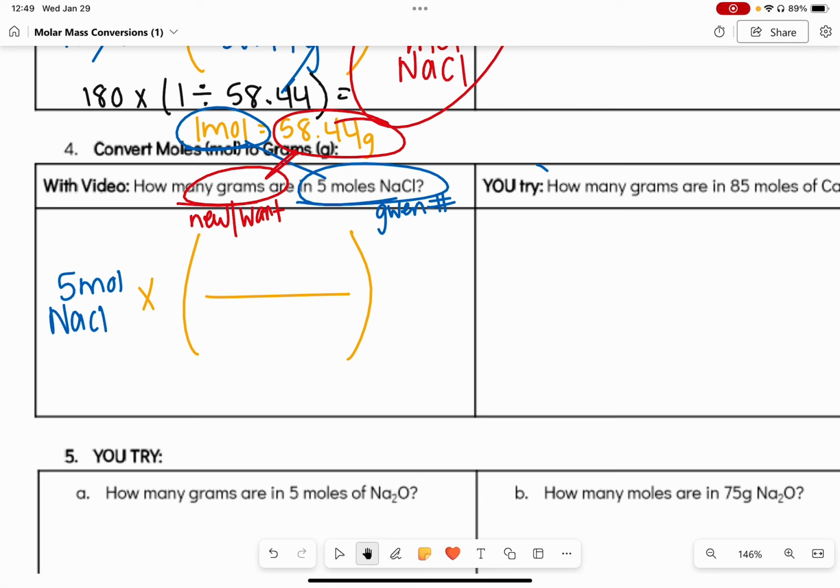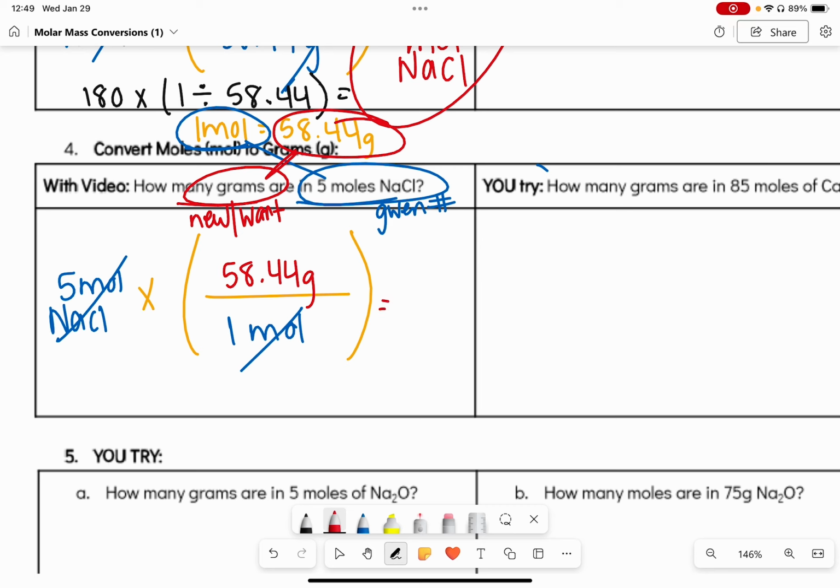Because 1 mole is our old unit, it's going to go on the bottom to cancel out. Grams is what I want to find, that's my new unit, so 58.44 grams is going to go on the top, so the answer is in grams. Pause here to put this in your calculator, and then hit play when you check your answer.